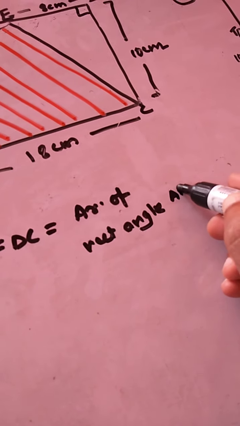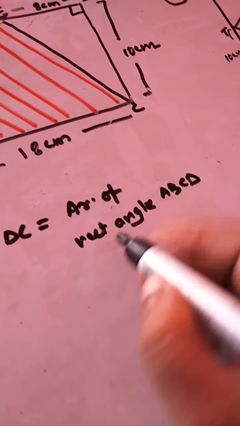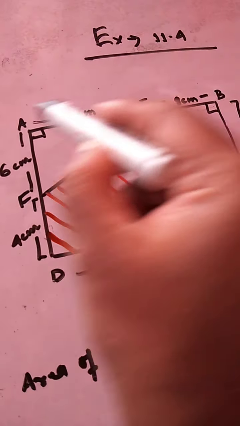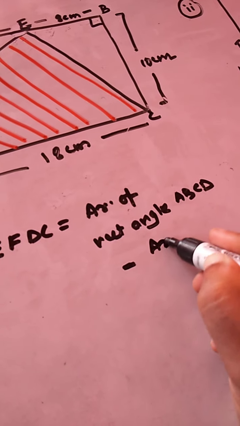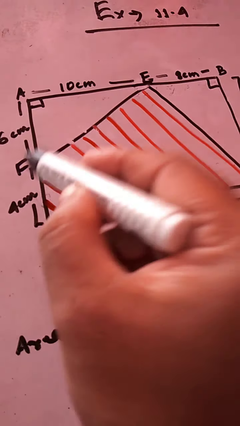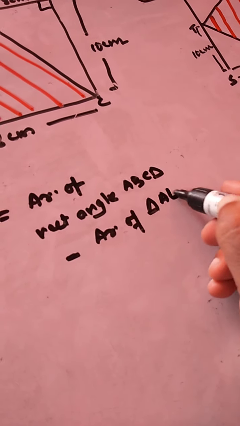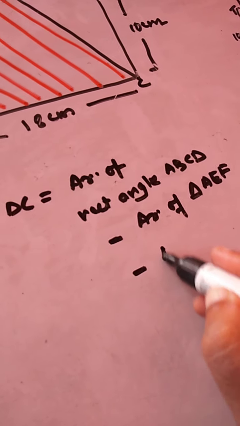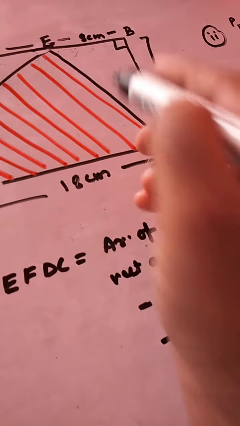Now from ABCD, what will you subtract? Minus, from this whole figure we have to subtract the area of triangle, area of triangle what? AEF. Again we have to subtract another triangle, that is the area of triangle EBC.